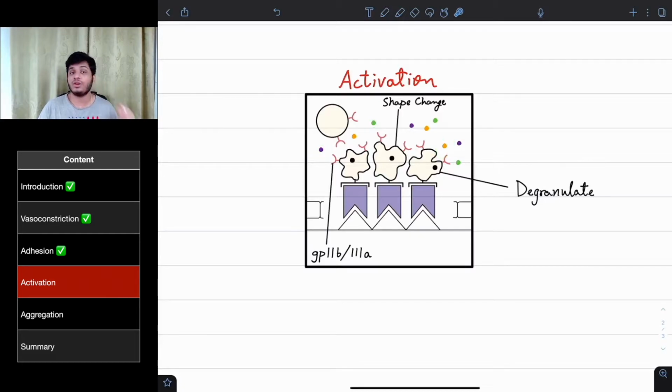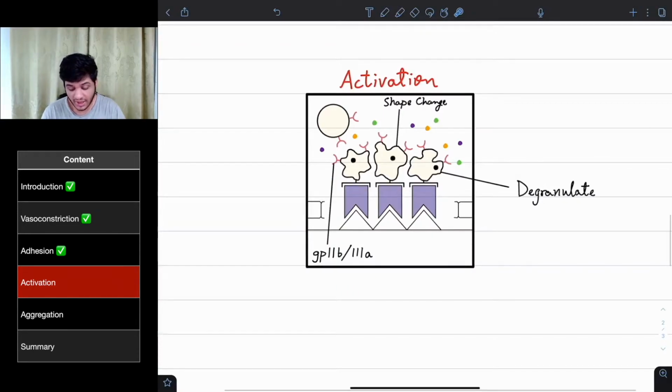Now, VWF, we know that VWF is for binding to the collagen so that platelets can bind to the VWF, right? That's the function of VWF. Thromboxane A2 helps in aggregation of the platelets, and that's the next step. We'll talk about it.